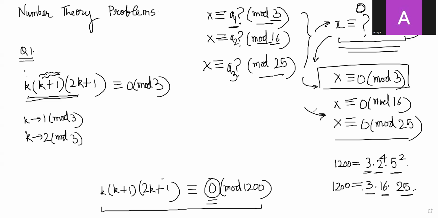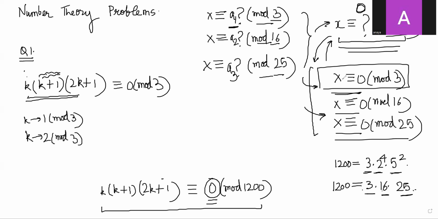So if we apply the theorem, we should check from here, can we conclude that it will be 0 mod 1200? We can do that calculation, that's not very difficult. Do you understand what I'm saying? What was the Chinese remainder theorem we discussed last week?